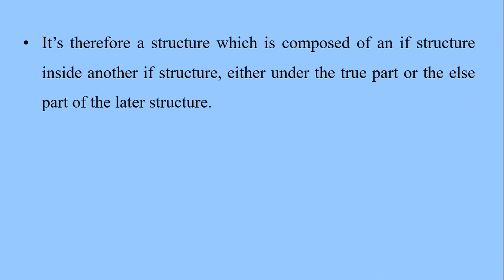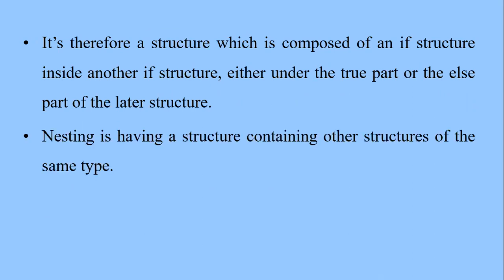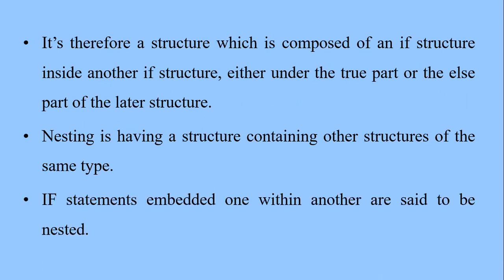It's therefore a structure composed of an if structure inside another if structure, either under the true part or the else part of the latter structure. Nesting is having a structure containing other structures of the same type. If statements embedded one within another are said to be nested.